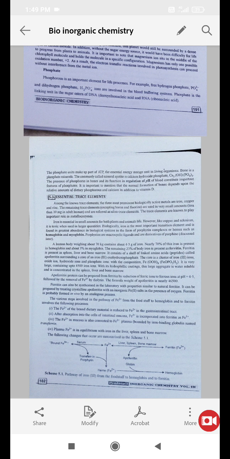The Fe2+ ion in mucosa is also converted to Fe3+ in plasma, bound by an iron binding globulin named transferrin. Plasma Fe3+ is in equilibrium with iron in the liver, spleen, bone marrow, etc. The following changes that occur are summarized in scheme 5.1. This is the pathway of iron from the foodstuff to hemoglobin and to ferritin.